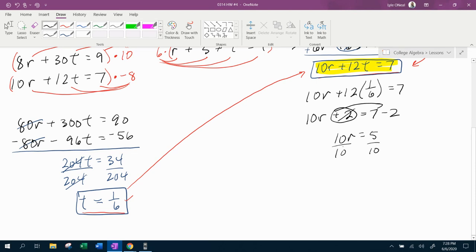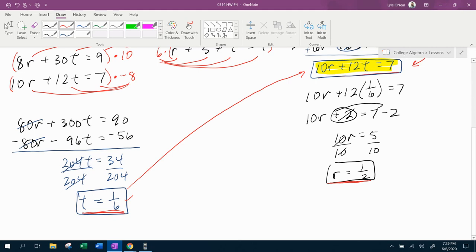Divide both sides by 10. R is a half. I reduced 5 over 10 to a half. So notice that to get the second piece of the puzzle took way less work, okay? It takes a ton of work to get this first piece, and then not nearly as much to get the second piece.